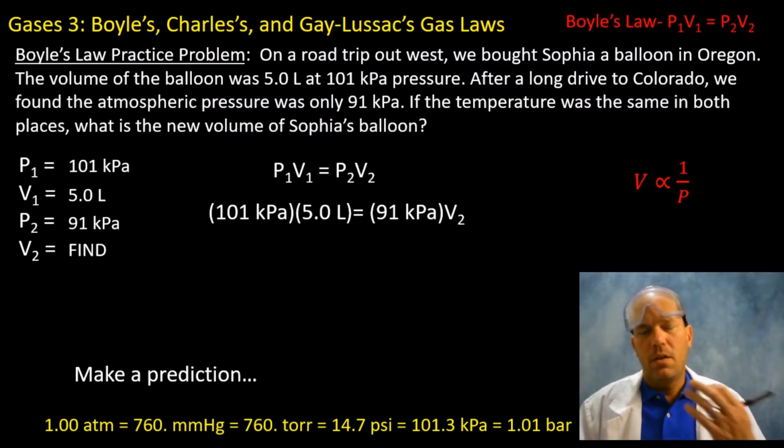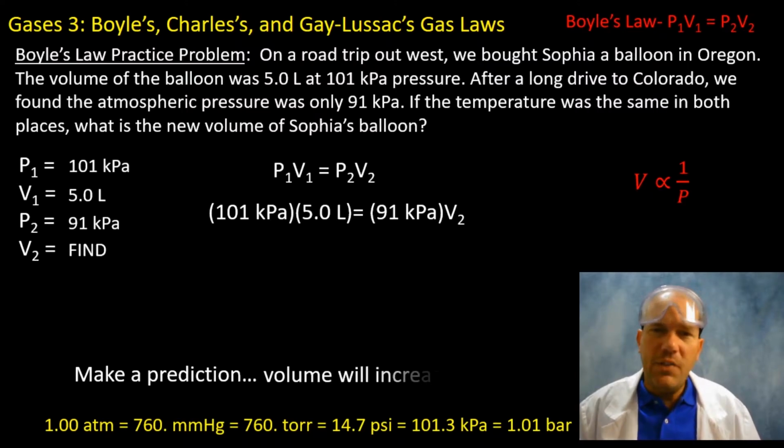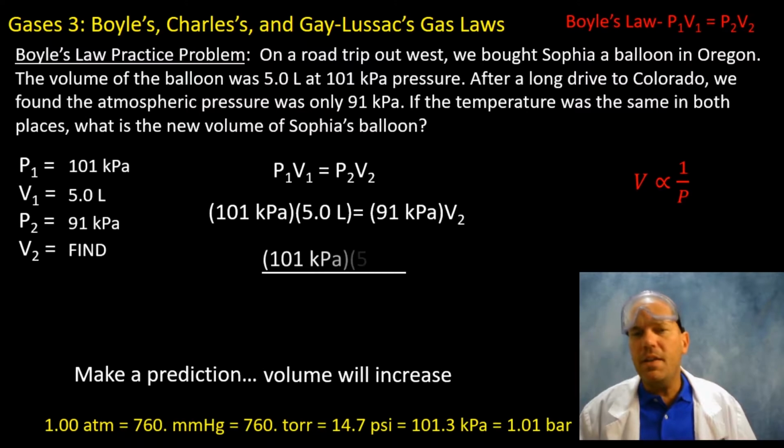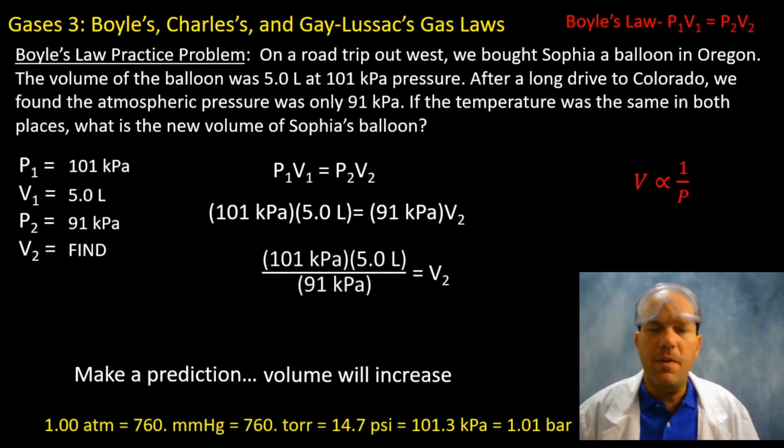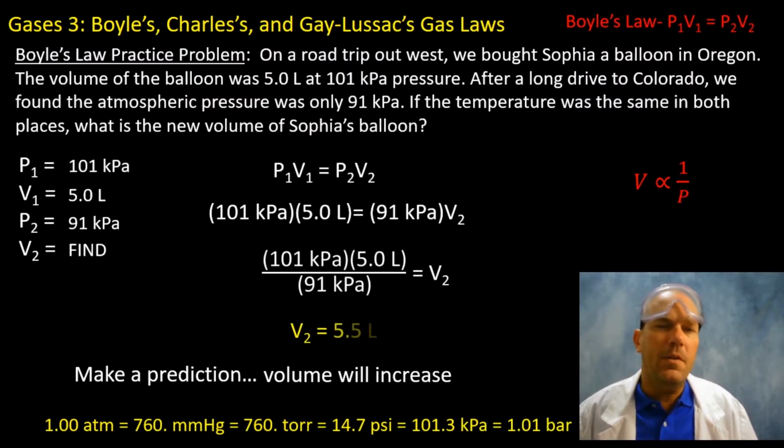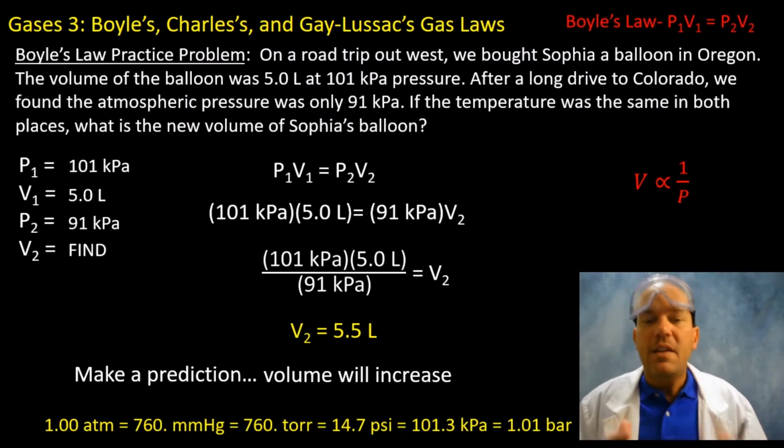Well, pressure has decreased. Therefore, we would predict our answer would indicate that volume increases. And indeed, when we put in our variables and solve for volume 2, we get the new volume of the balloon to be 5.5 liters.